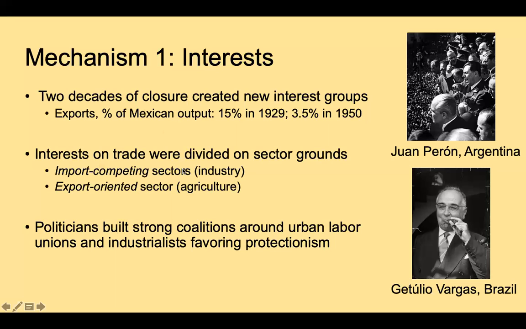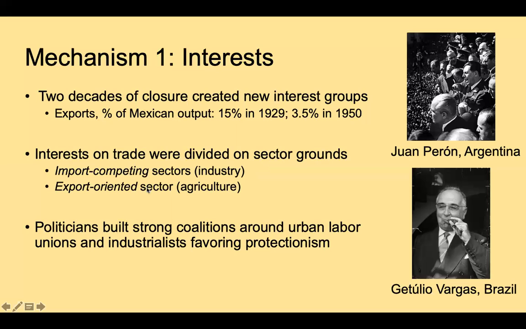And so they competed with imports. Now, if they competed with imports, that means they would be opposed to embedded liberalism. They would be opposed to reducing tariffs. And they wanted to keep those walls up and maintain that protected domestic economy because it meant that they didn't have to compete with producers outside of their borders.